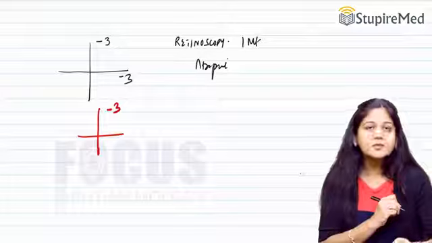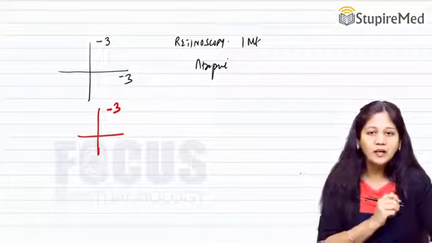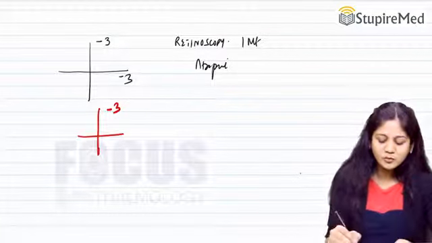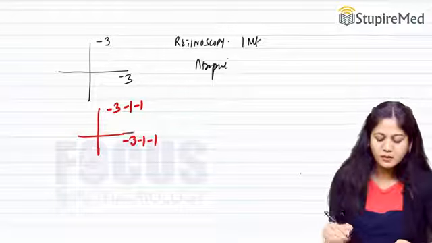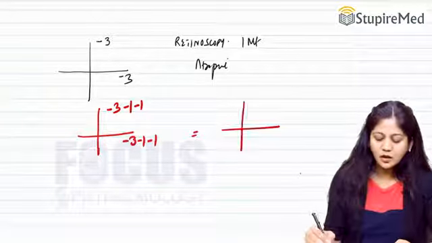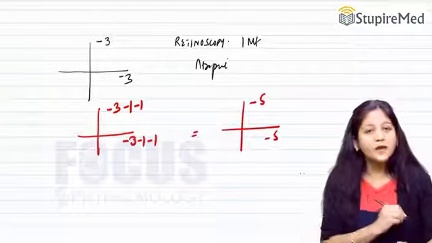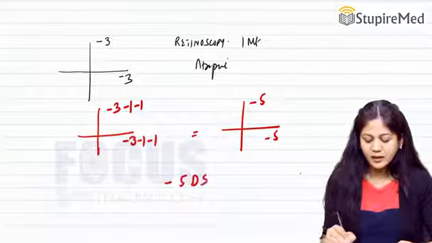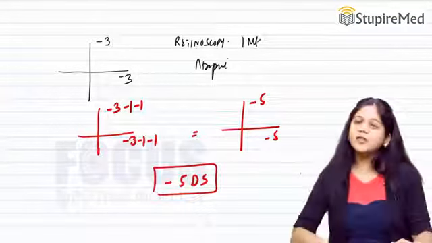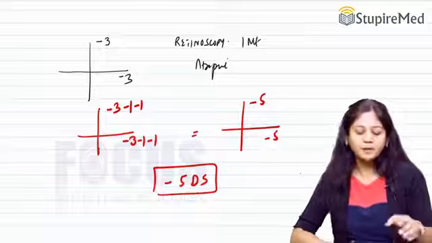So guys, please do not do an algebraic correction. You have to do a subtraction here. So it is -3, -1 and -1, which gives a value of -5. Okay, so the final correction would be a -5 diopter sphere. So this patient has high myopia.